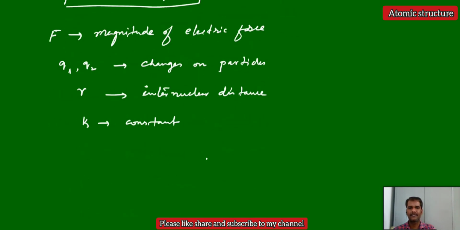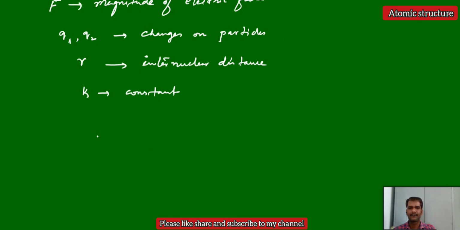The value of k is 1 by 4 pi epsilon naught, which is 9 into 10 power 9 when you take all the units in SI.